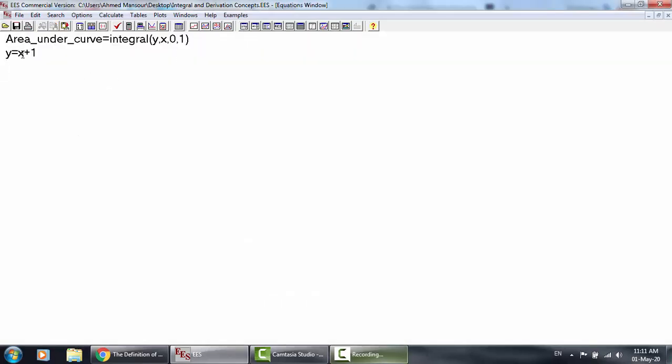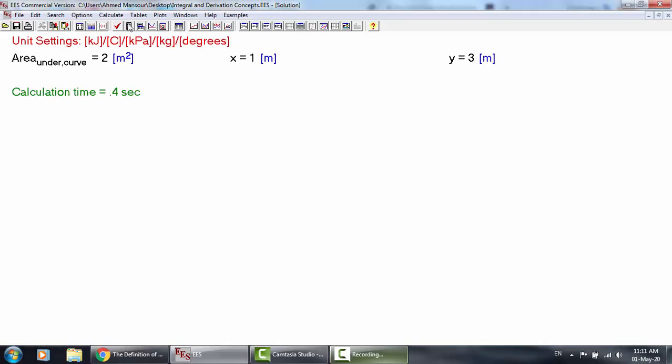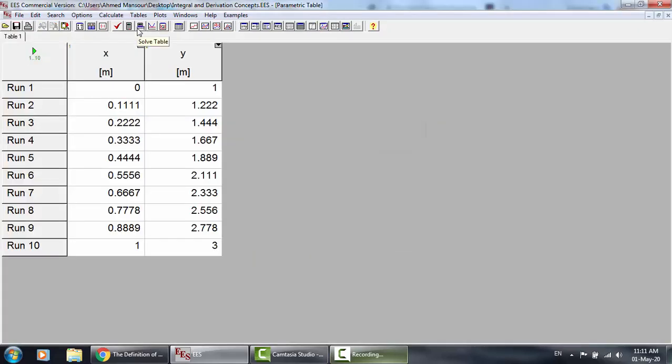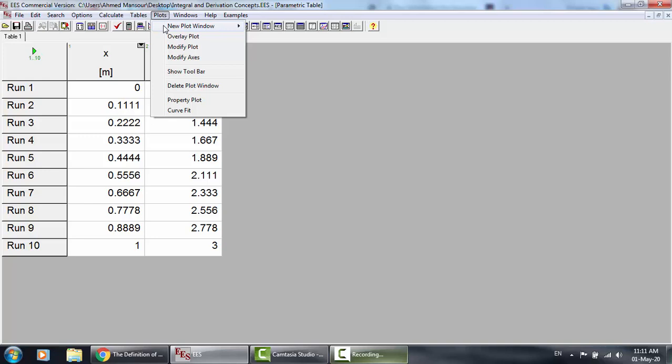So for the conclusion now, if we change this, of course you will change everything. It is another story. It is another schedule table, and here comment, solve, plot, make a new plot.